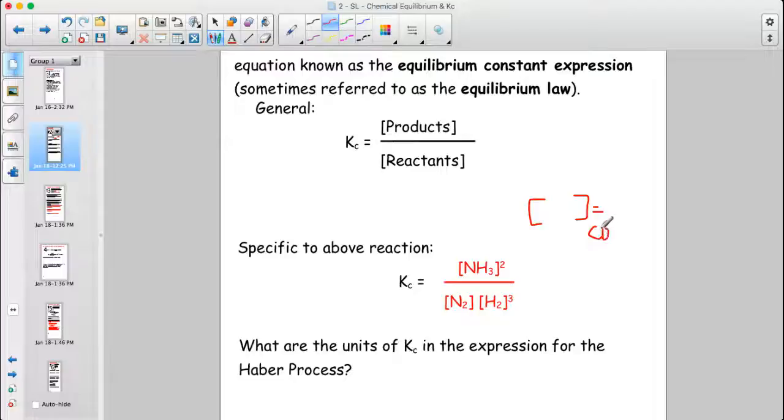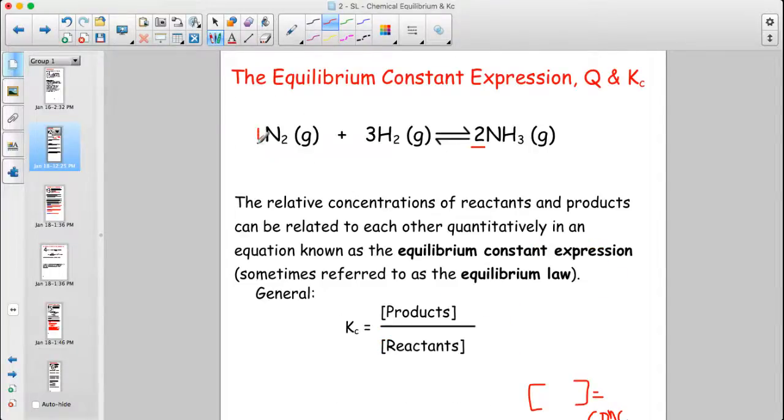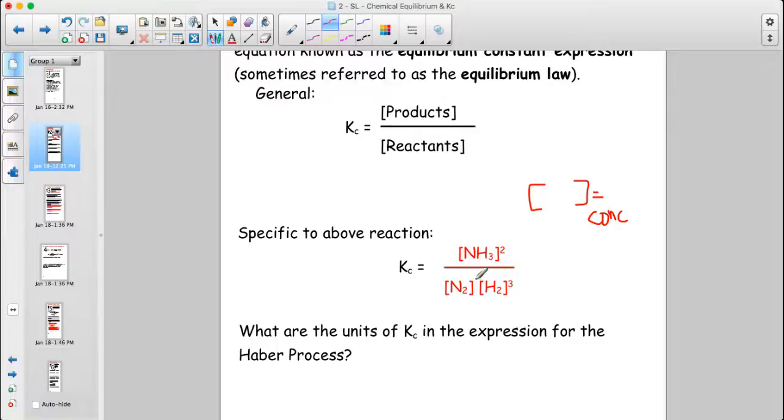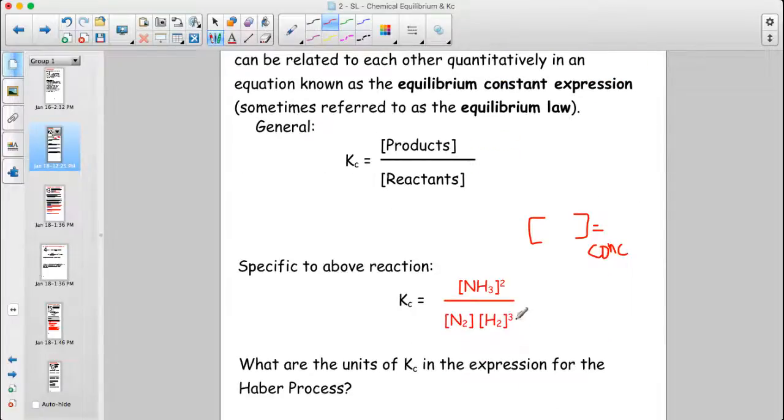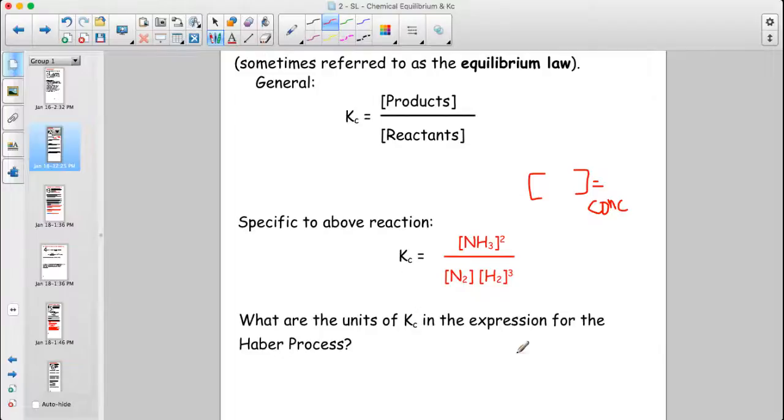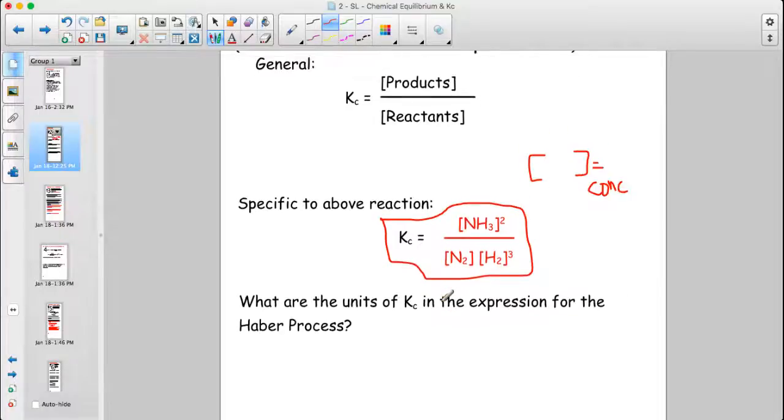So it means a value in moles per dm cubed is being plugged into this expression. On the bottom is nitrogen. Nitrogen has a coefficient of 1, and therefore it's just raised to the first power. And hydrogen has a coefficient of 3, and therefore hydrogen is raised to the third power. Nitrogen and hydrogen concentrations here are being multiplied, not added. So this is the equilibrium constant expression for the Haber process, for the reaction listed above.